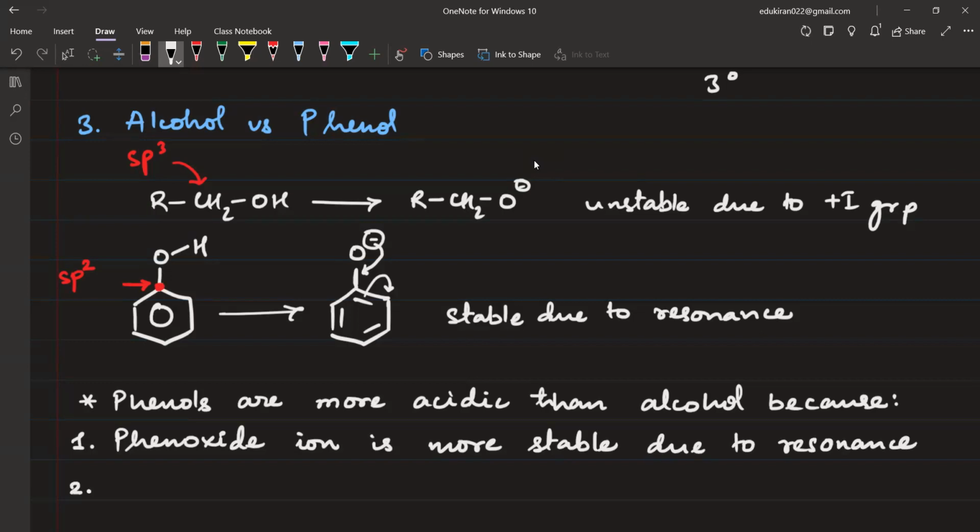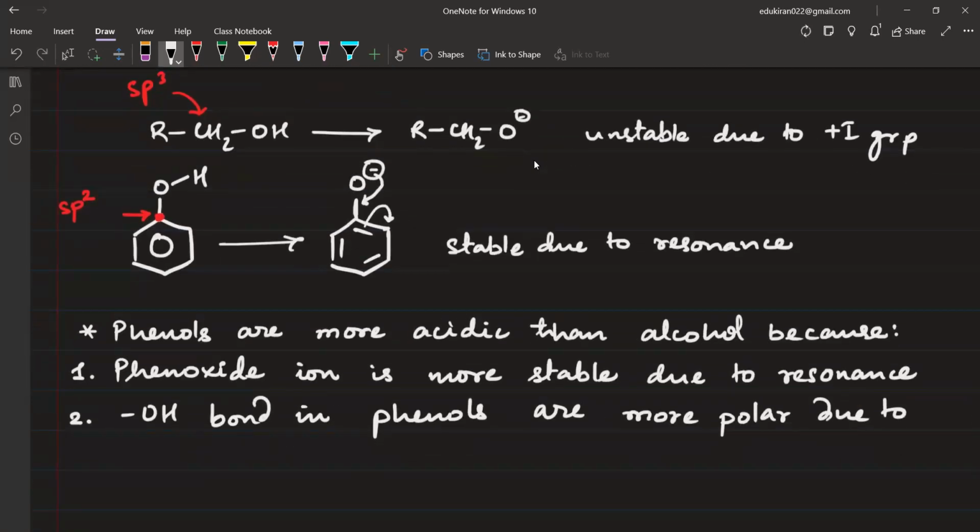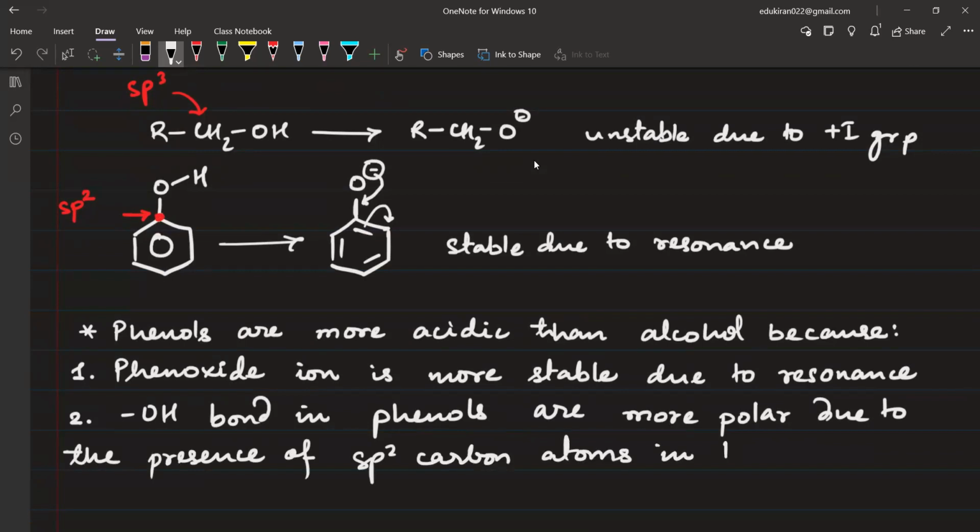Second point you will write, OH bond in phenols are more polar due to the presence of sp2 carbon atoms in benzene ring.